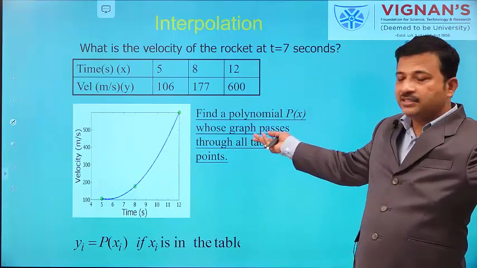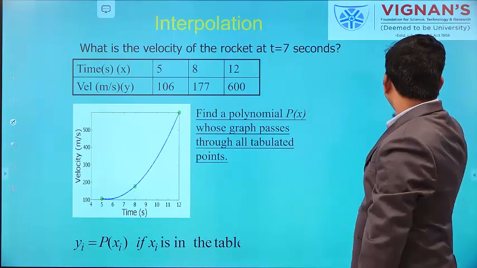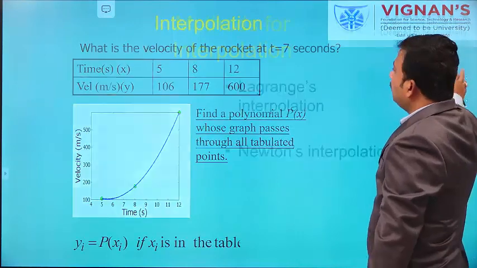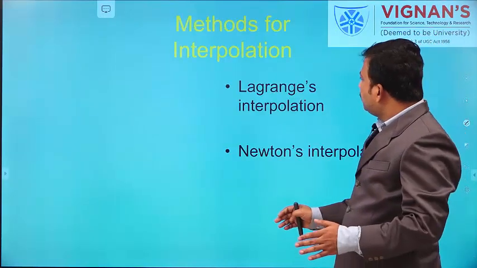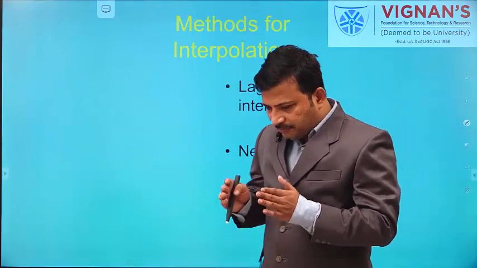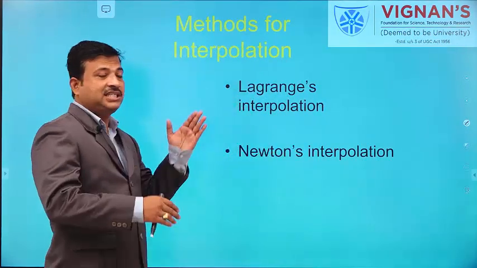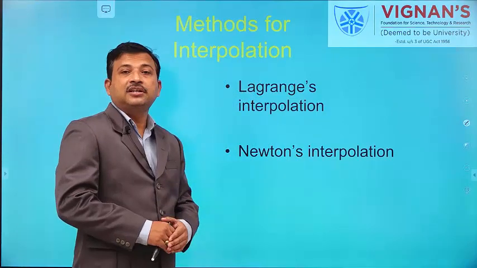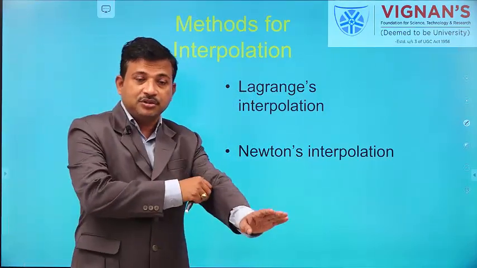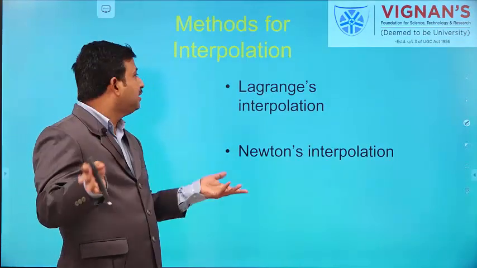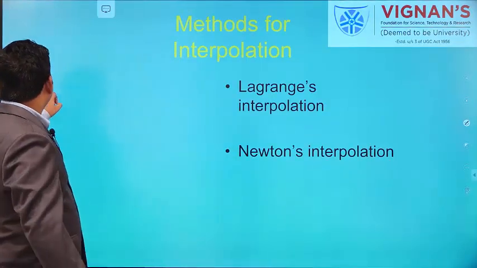If it is outside this, we use an extrapolation point, right? So, what are the different methods to use for interpolation? Lagrange's interpolation, Newton's interpolation, Newton forward difference interpolation, backward difference interpolation. There are different varieties of methods to solve the interpolation part.